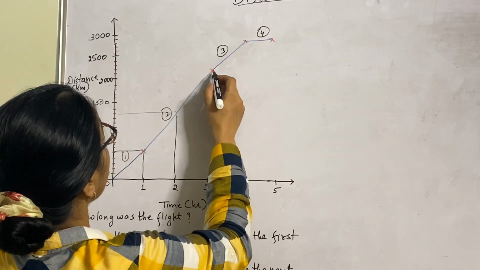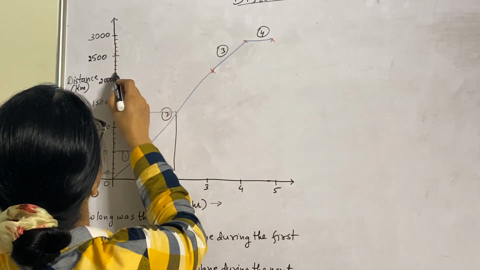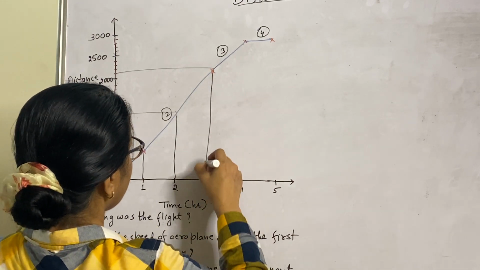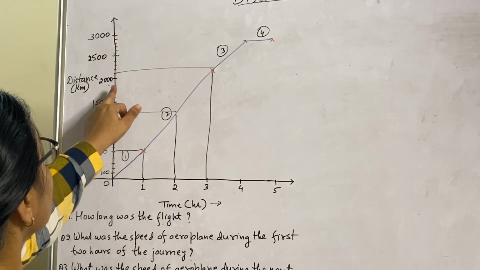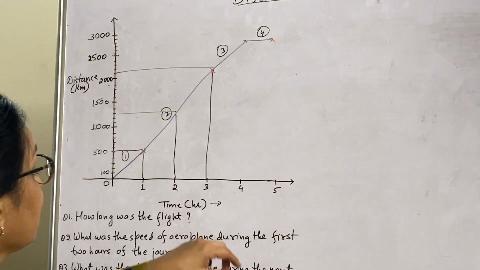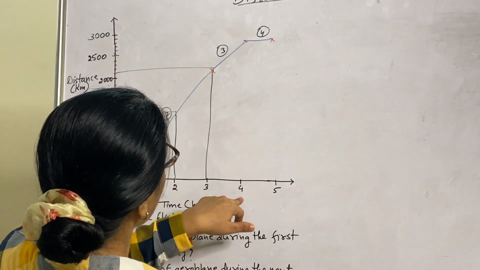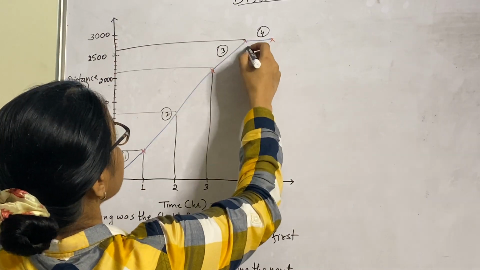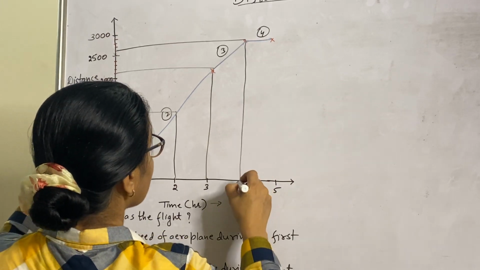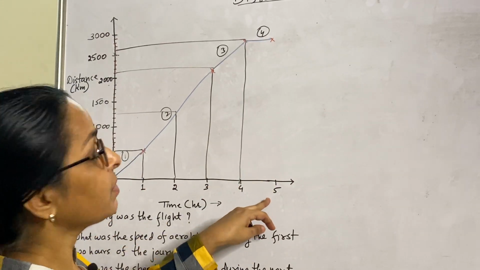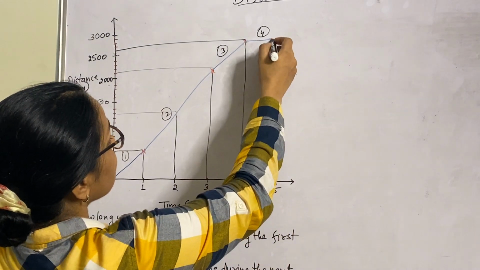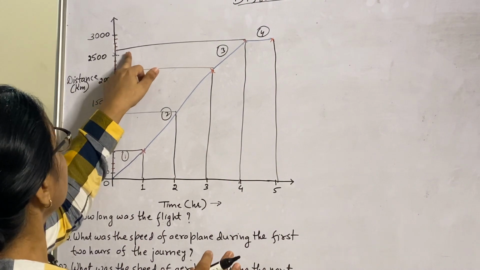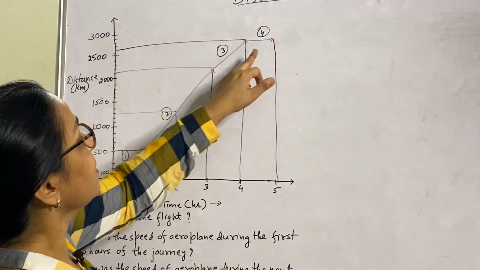After 3 hours the aeroplane has covered 2100 kilometers. After 4 hours the aeroplane has covered 2600 kilometers. And after 5 hours the aeroplane is still here only, at 2600 kilometers distance.